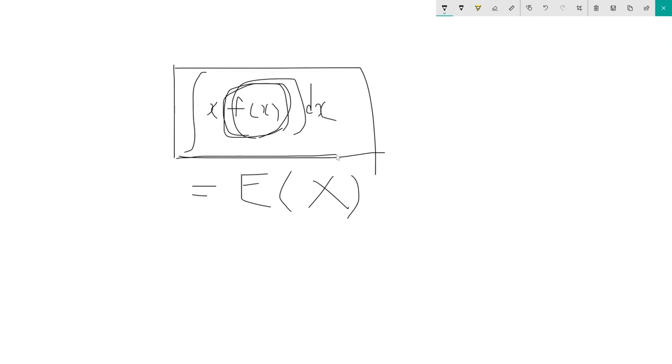But in general, this integral cannot be analytically computed. You cannot compute this integral just by handwriting. So that means you cannot compute the expectation or mean of this random variable.